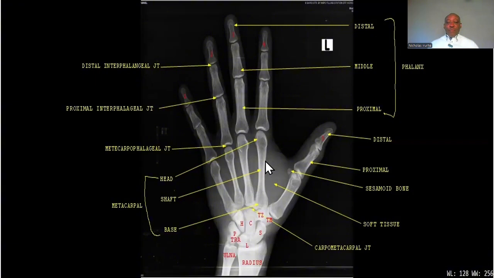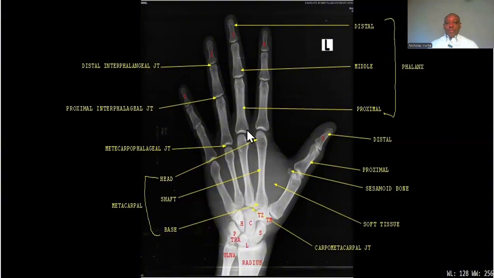And when we go further, we have these lucencies at the end of the metacarpal, at the head of the metacarpal, and you now have the metacarpophalangeal joints, and there are 5 of them.